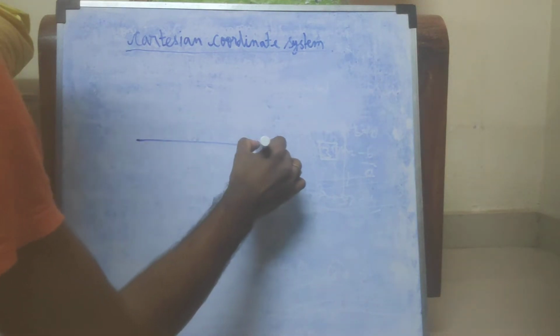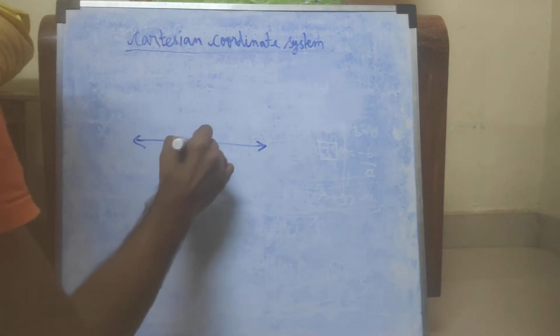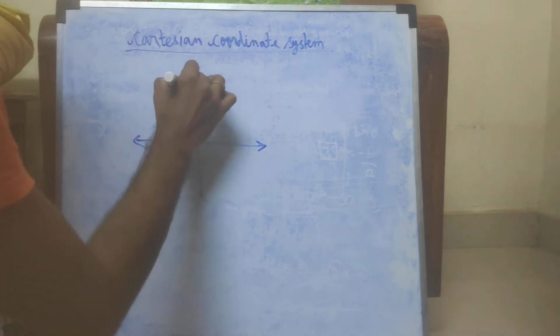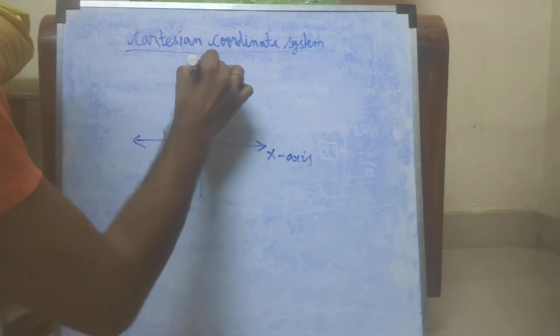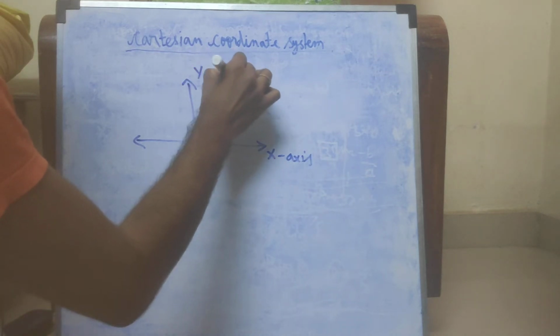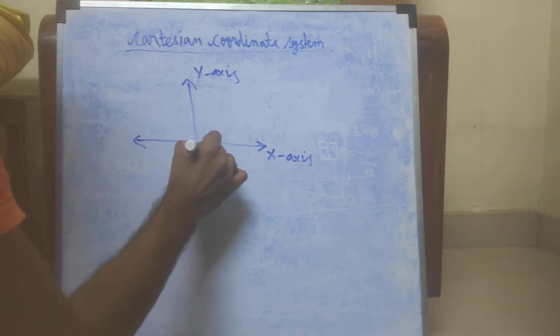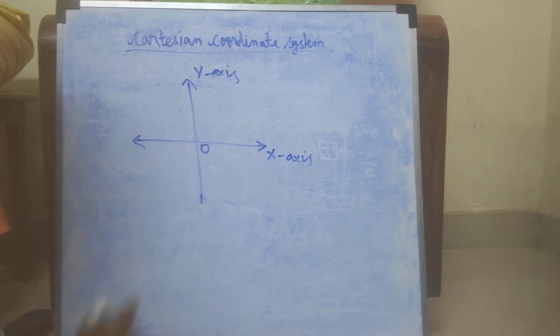First I am drawing the horizontal axis, and then I am drawing the vertical axis. This is called the x axis, and this is the y axis. And here is the origin. The origin will always be in the center, as we have seen.